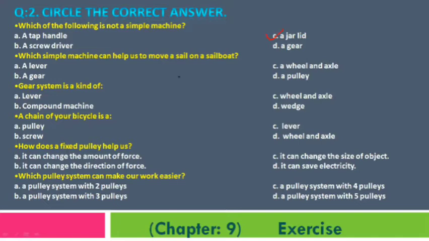Which simple machine can help us to move a sail on a sailboat? Sail on a sailboat. You can see this is a boat in the water. So here is a sail. It acts like a flag. To move a sail on a sailboat, what do we need?